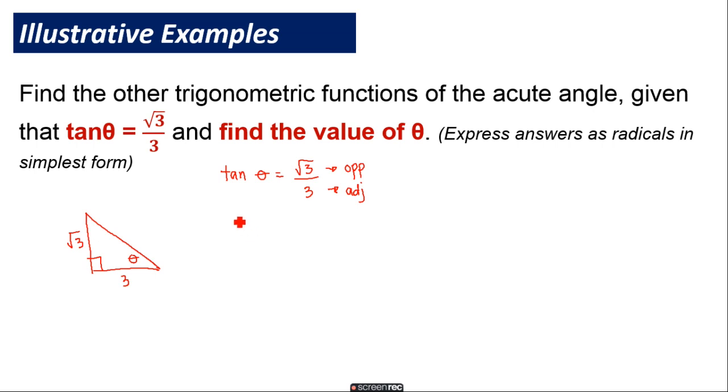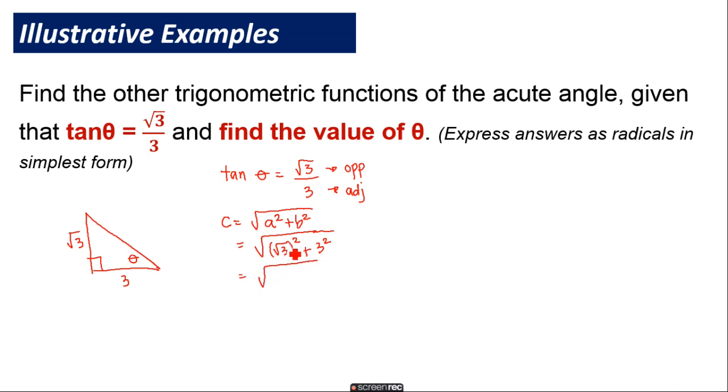The formula that we're going to use is c is equal to the square root of a squared plus b squared. So that would be the square root of the square root of 3 squared plus 3 squared.